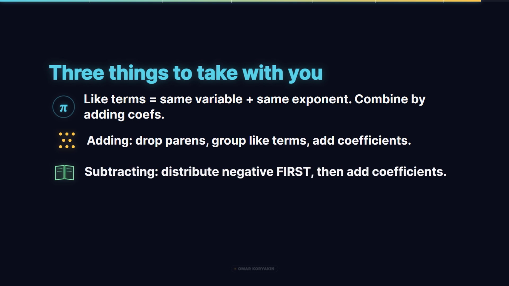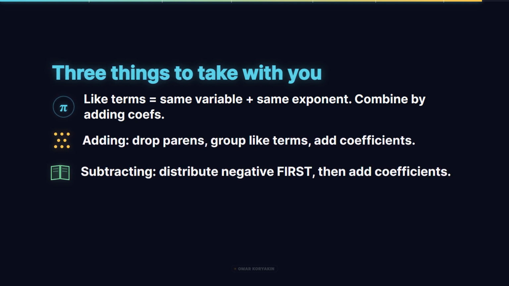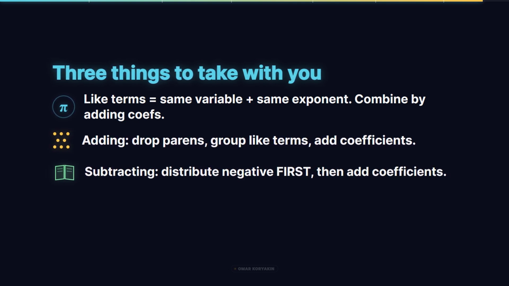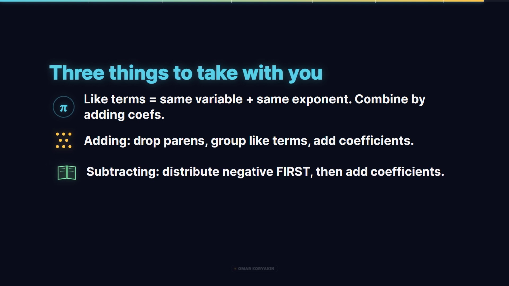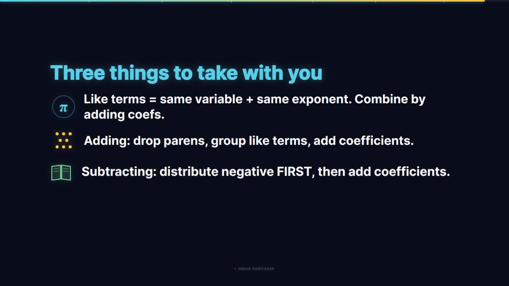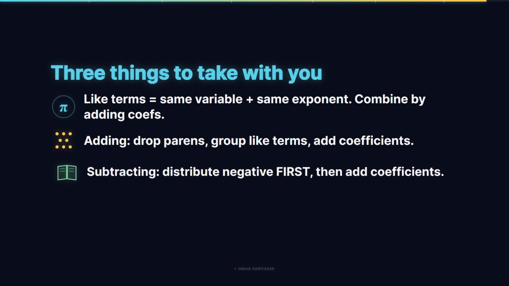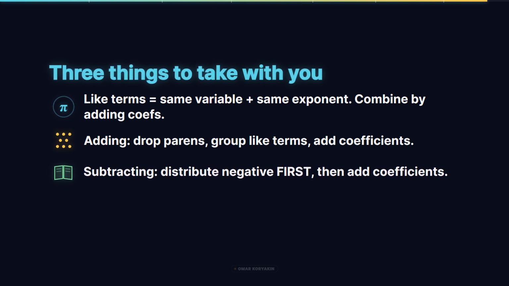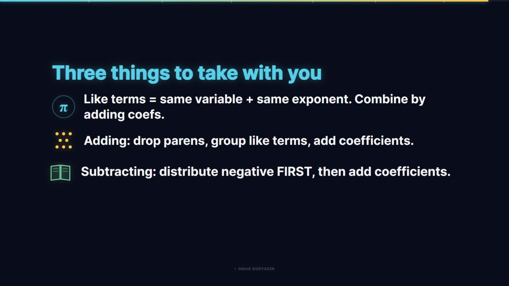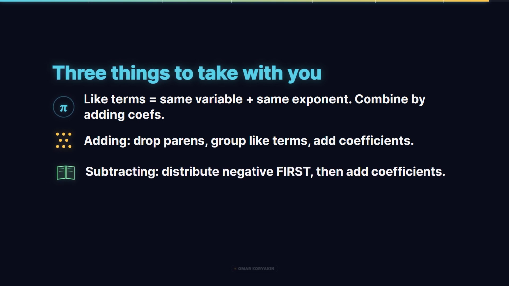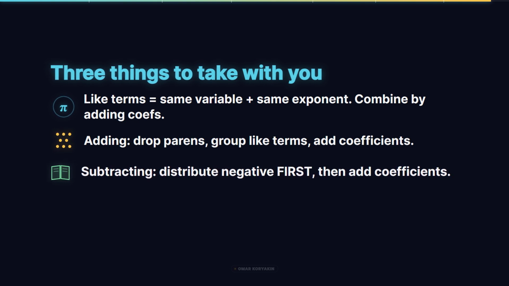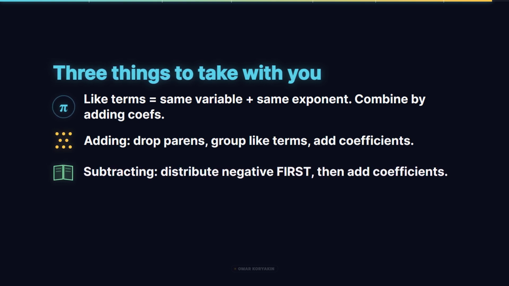Third, to subtract 2 polynomials, distribute the negative sign through every term of the second polynomial first, flipping every sign inside before doing any combining. After distribution, the problem reduces to plain addition. The most common mistake is flipping only the first sign of the second polynomial and not the rest. Always distribute through every term without exception.